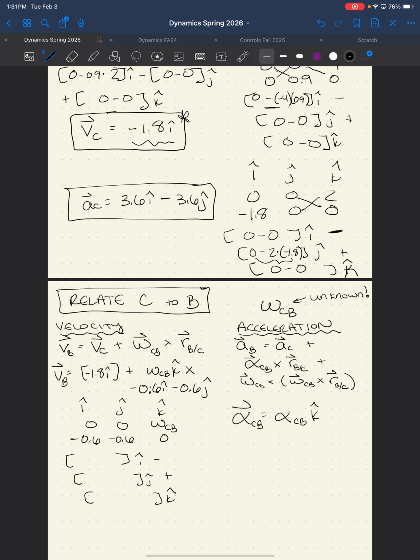Okay, let's do 0.6 omega CB i hat minus 0.6 omega CB j hat.